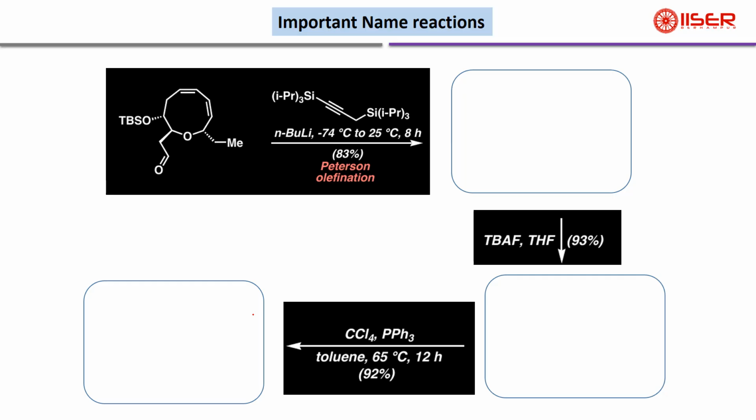What will be the product in this reaction sequence? From the reagent you can see this is a silicon ylide. This is a silicon type of ylide. That means it is a Peterson olefination. So let's draw it.